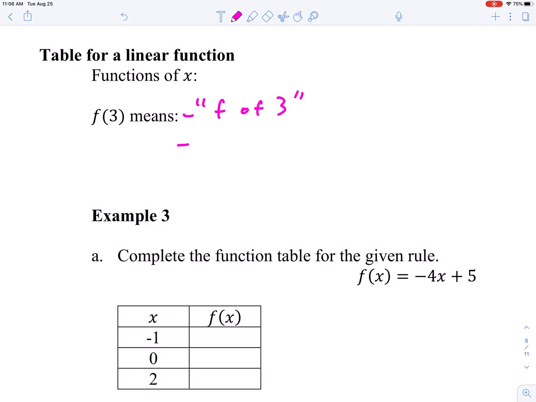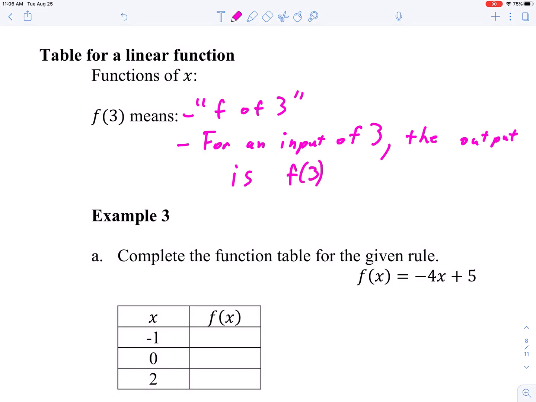But what it means is, for an input of 3, in other words, an x value of 3, the output is f of 3. And if we actually had a formula, we'd be able to plug the 3 in and calculate, which is what we're going to do in the next couple examples here. Okay? So there we go. That's what that means. Function notation is extremely important. Trust me on this. In this class, pre-calc, calculus, and beyond.